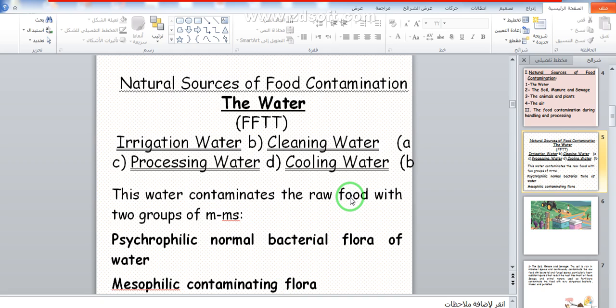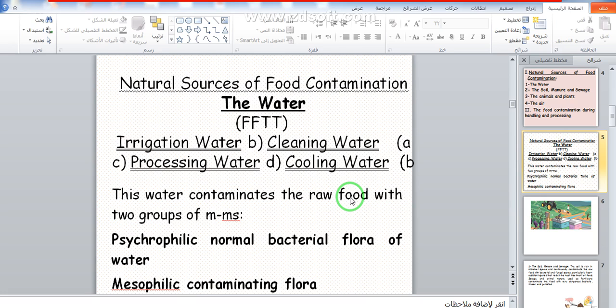Water is in continuous contact with foods from field of production or from farm to table. It may be divided into irrigation water, cleaning water, processing water, and cooling water.